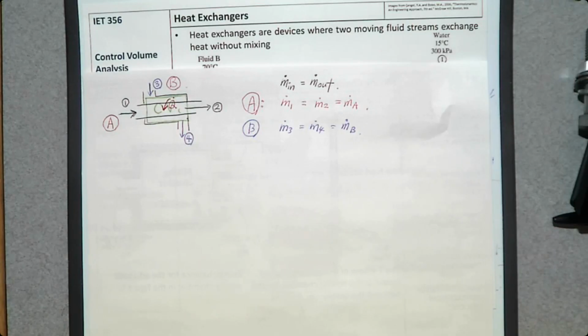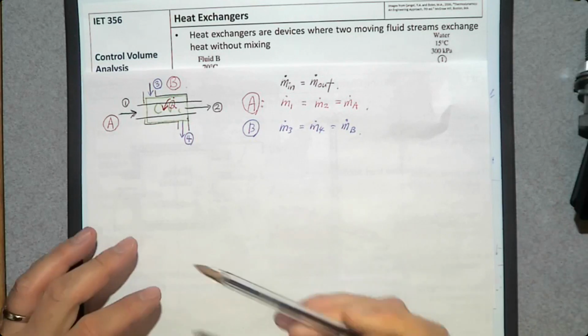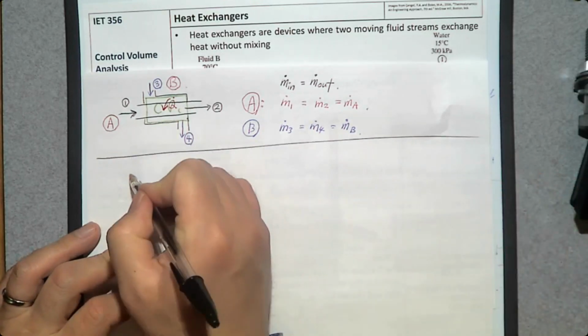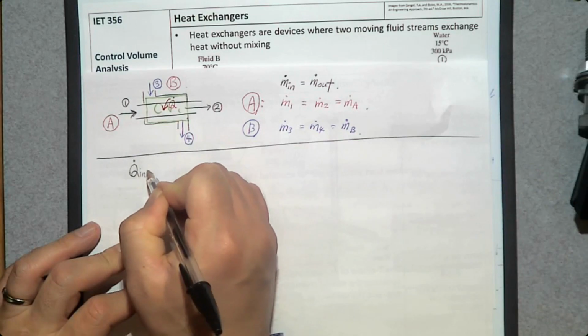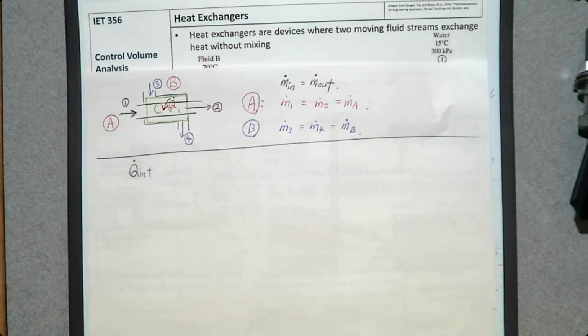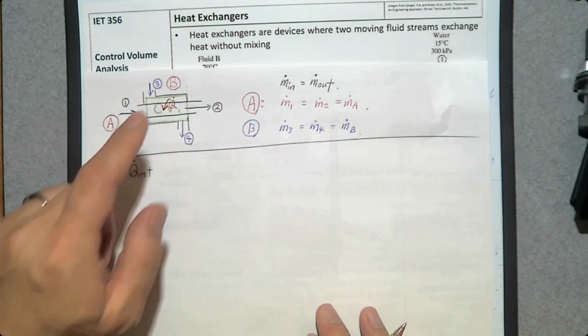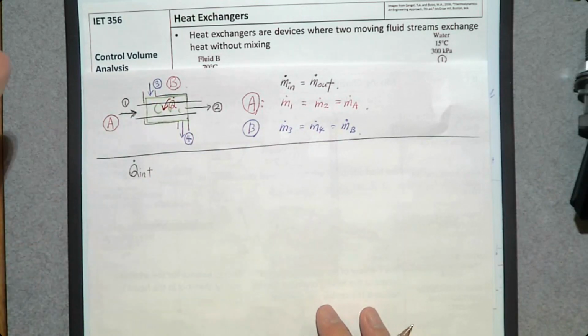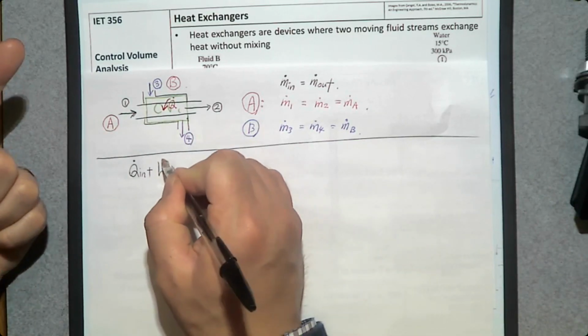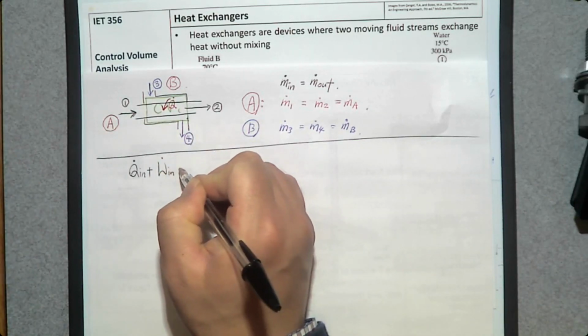Now, energy balance equation. How can we determine the energy balance equation for this heat exchanger? Always start with the general energy balance equation. What is the general energy balance equation? Q dot in plus, so the sum of all energy transfers into this control volume. There are three energy transfers. One is by heat, another is by work. The last one is by mass.